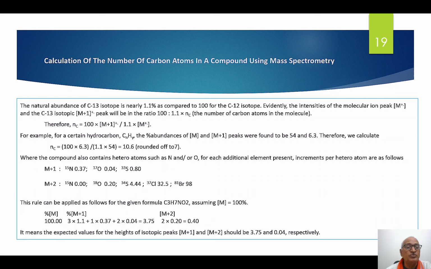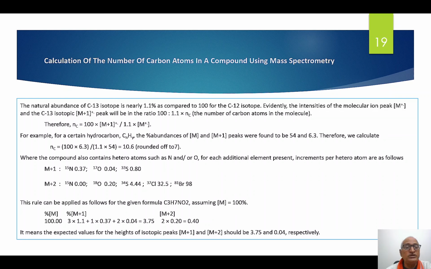For example, for a certain hydrocarbon, assuming formula CnHy, the percent abundances of M and M plus 1 peaks were found to be 54 and 6.3. We have to calculate how many carbons are there in the molecule.